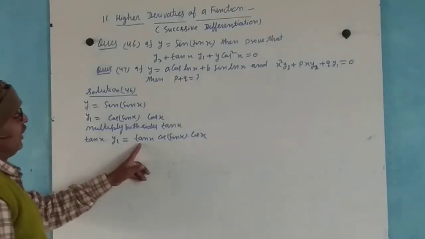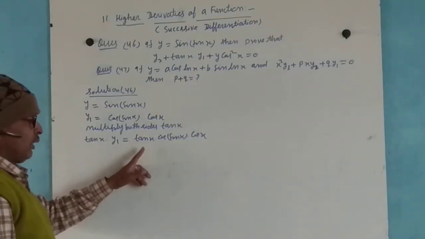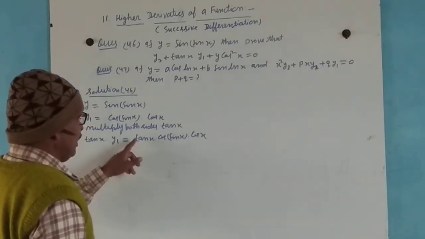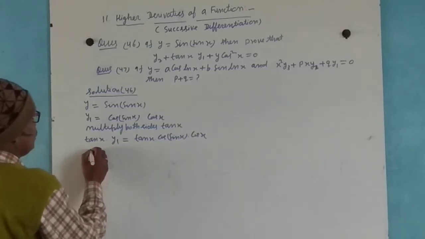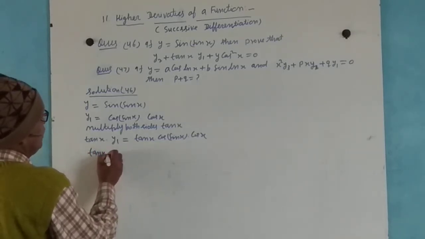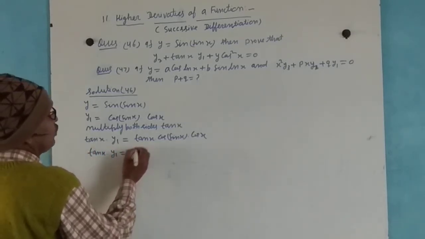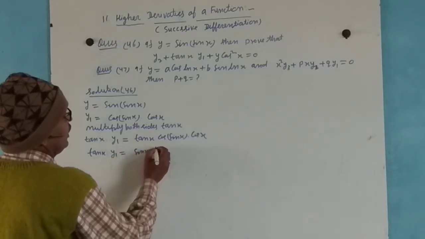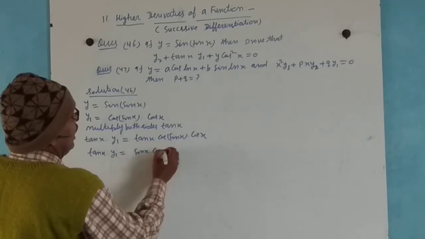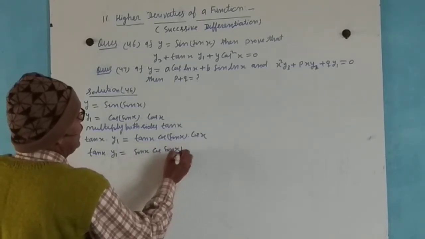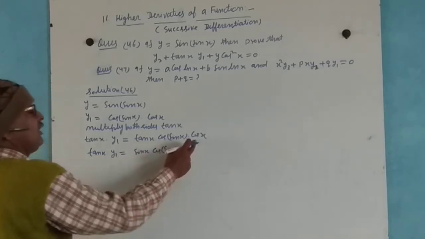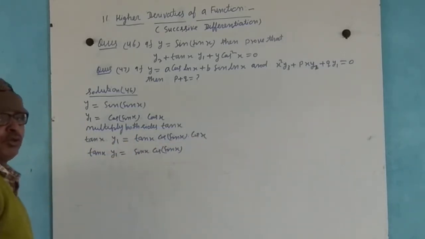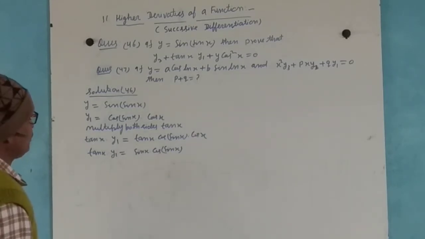This can be written as tan x equals sin x by cos x, and cos x cancels, so only sin x remains. So tan x into y1 equals sin x cos of sin x.